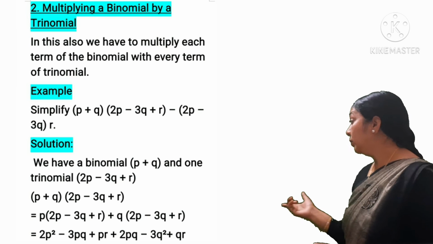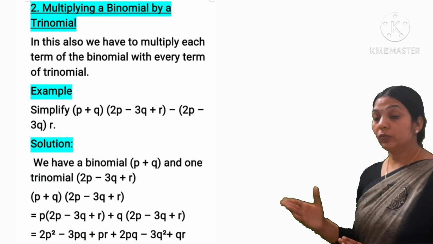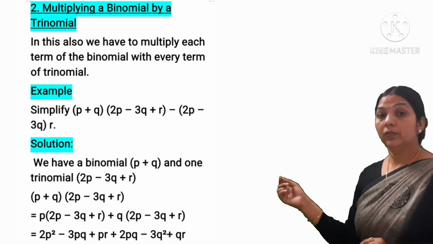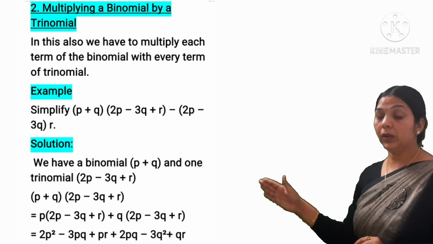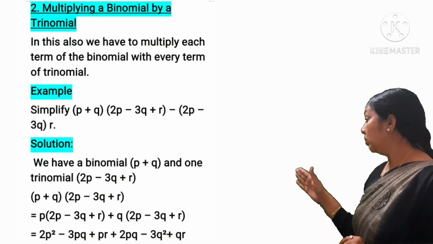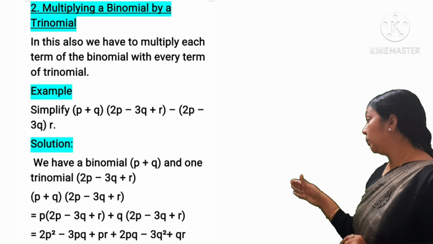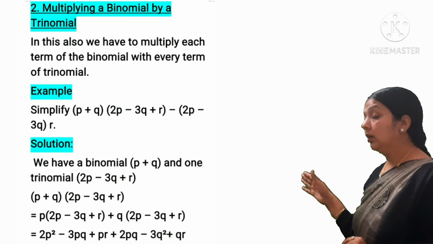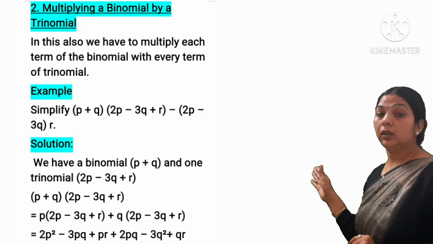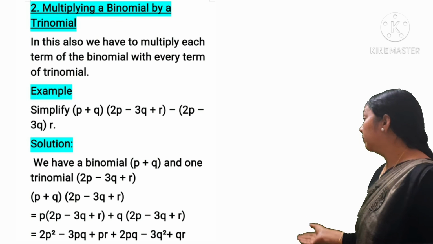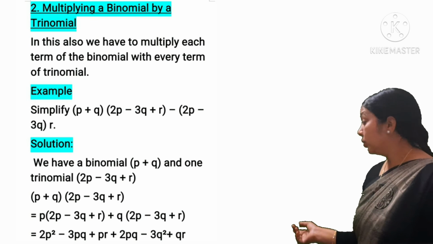So we can use all the methods which we have learned till now. To solve this, what will we do? We will first multiply p with the whole trinomial, that is p into 2p minus 3q plus r. Then we will multiply q with 2p minus 3q plus r. Then r with 2p minus 3q. And this way we will solve the question.